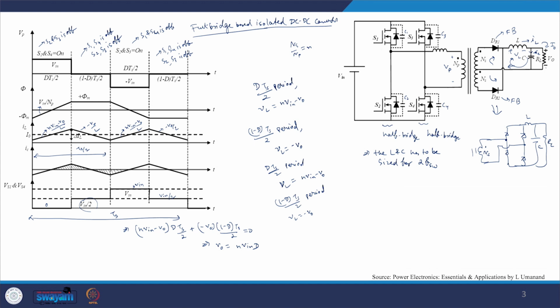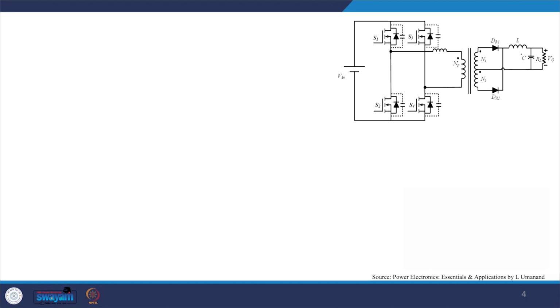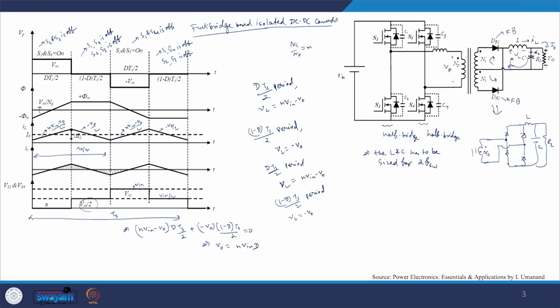Now let us try to find how we can size the capacitor. In our previous discussion we have seen that the inductor current ripple component going through the capacitor is delta IL.